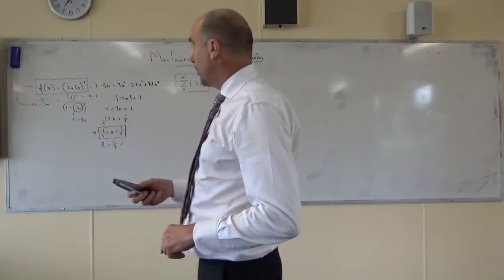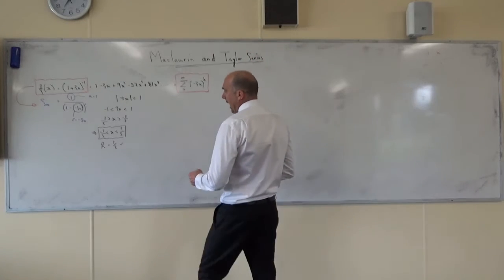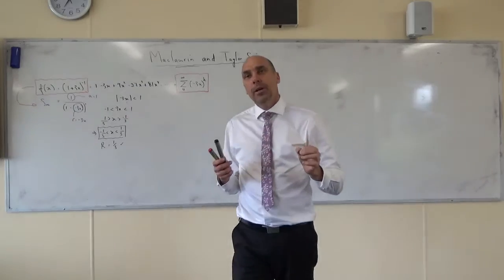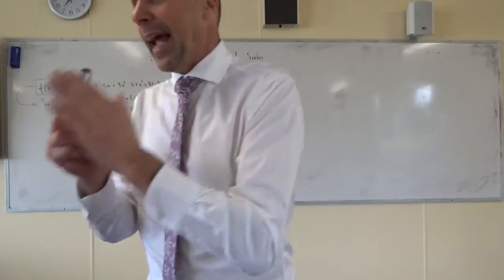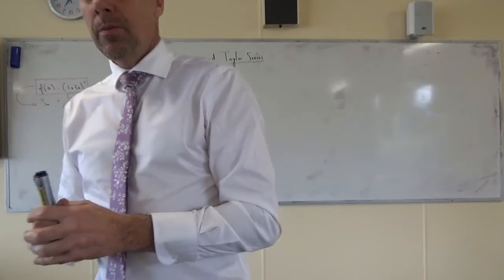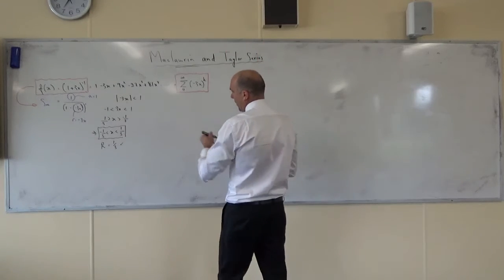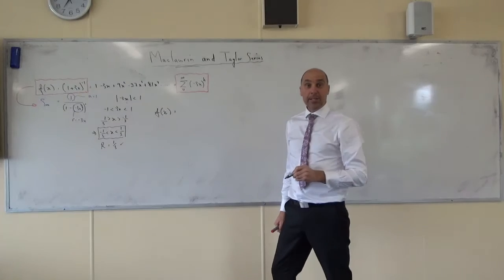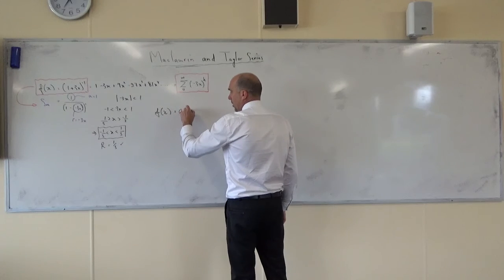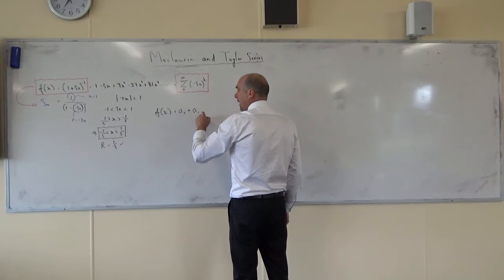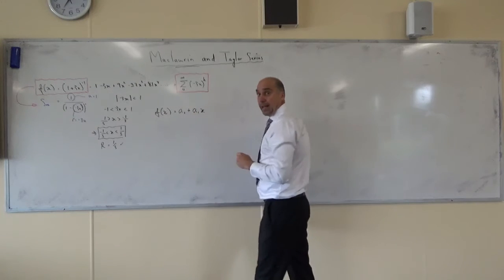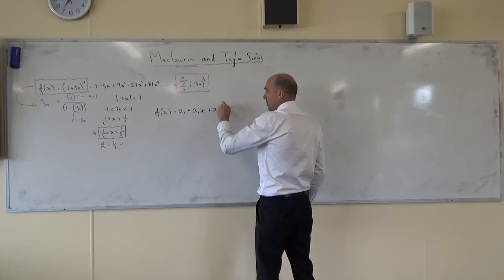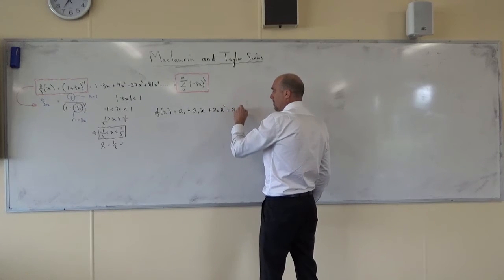So what I'm going to do first of all is create a function based around the point x equals 0. And this is how I'm going to do it. Are you ready? I'm going to say f of x is some sort of series, and this series goes like this: a0 plus a1 times x plus a2 times x squared plus a3 times x cubed.